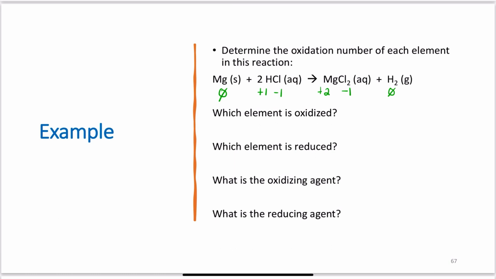Now I'm going to look and see what changed. Magnesium went from 0 to +2. That means it lost 2 electrons. Loss of electrons is oxidation.